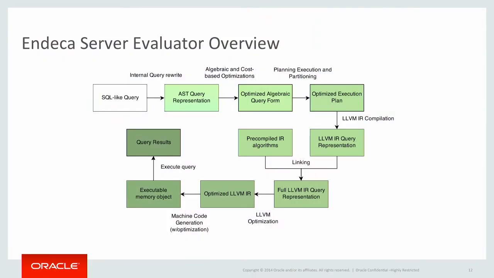As we look at the plan, we think about how we can execute it in as parallel a fashion as possible. So we partition the execution so that each piece works with a portion of the data. At that point, we end up with an optimized execution plan.